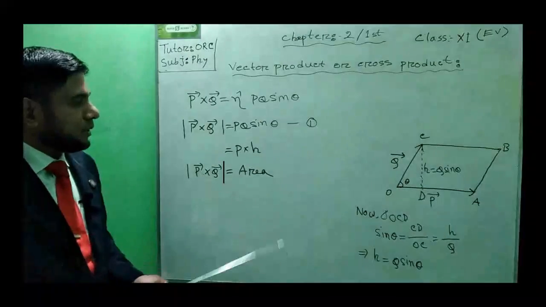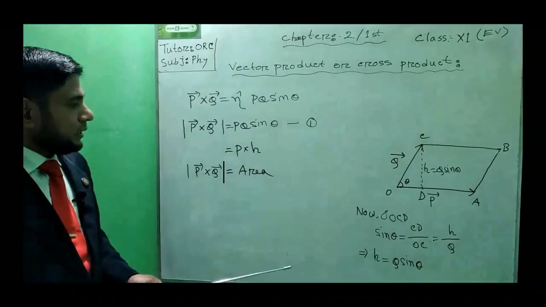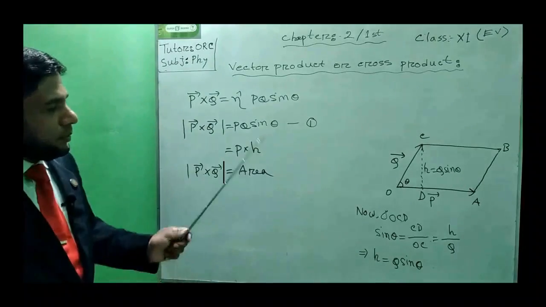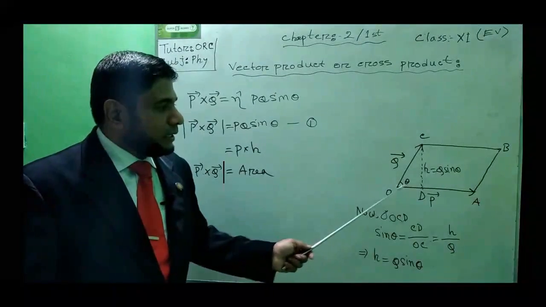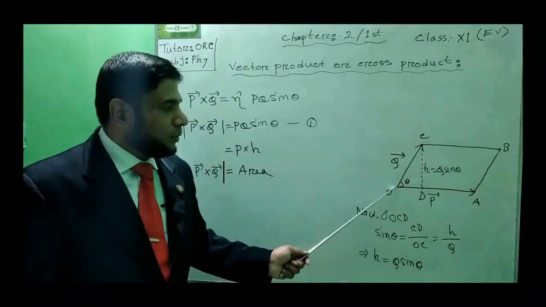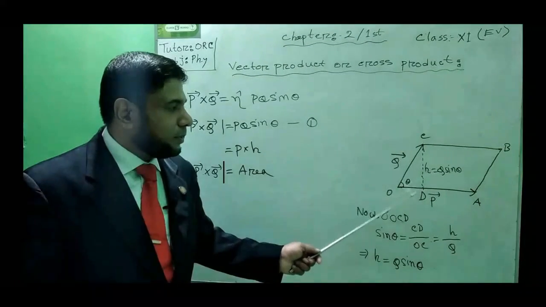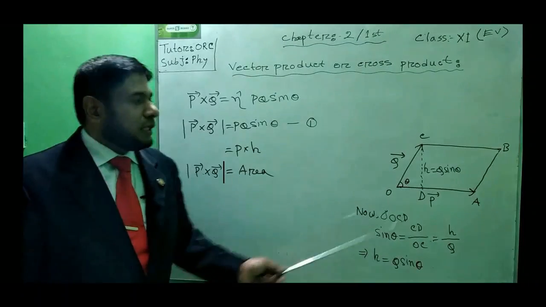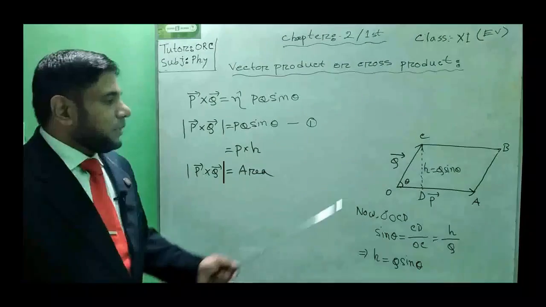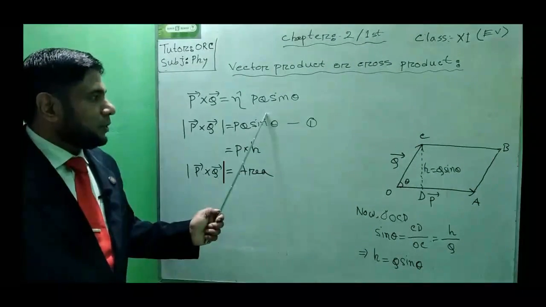Let us say again: if two vectors indicate two adjacent sides from a particular point of a parallelogram, we can find the area of that parallelogram with the help of the cross product.